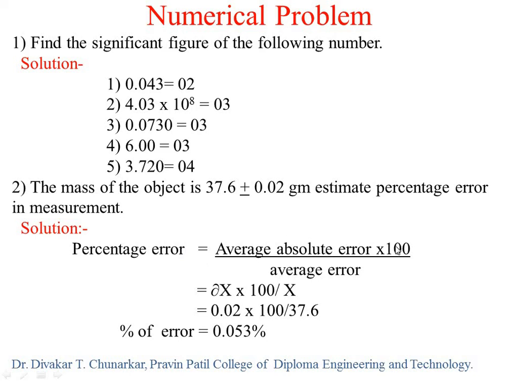This is the second formula, when one relative error is given in the problem. And the other formula is used when we are given a quantity like 37.6 plus minus 0.02, so we get average absolute error into 100 upon average value. So keep these two formulas in your mind. So students, my friends, I stop here.